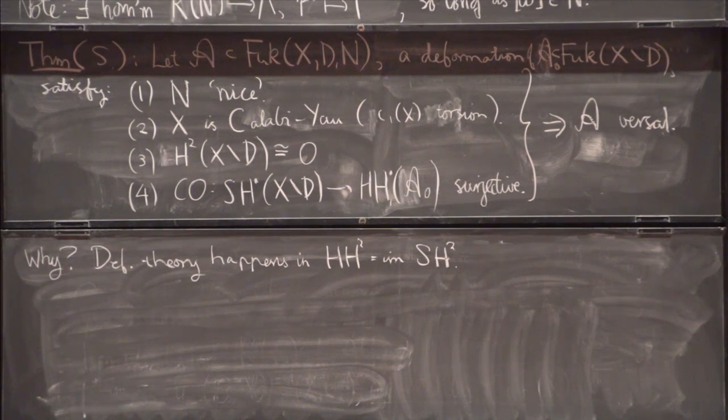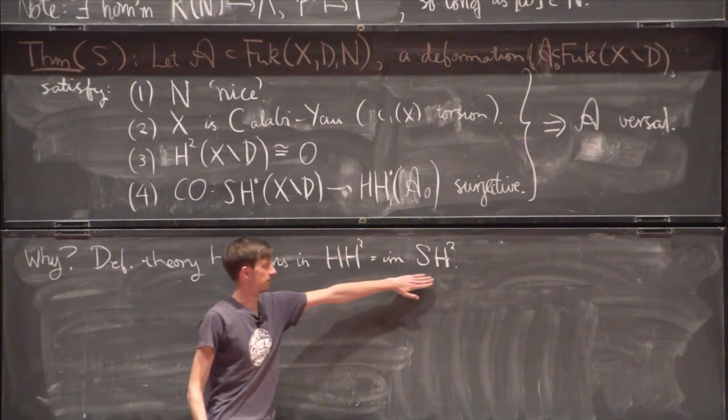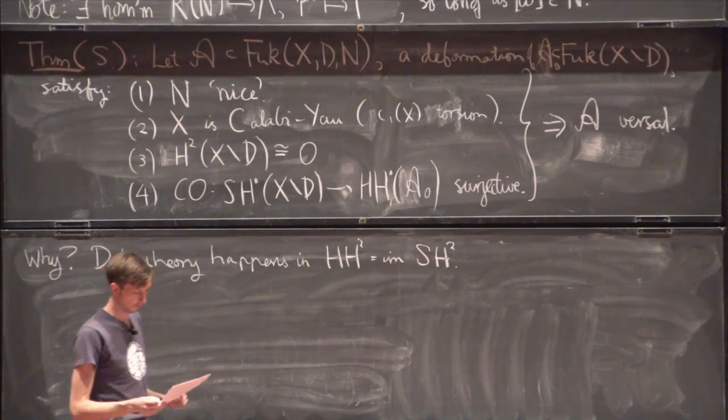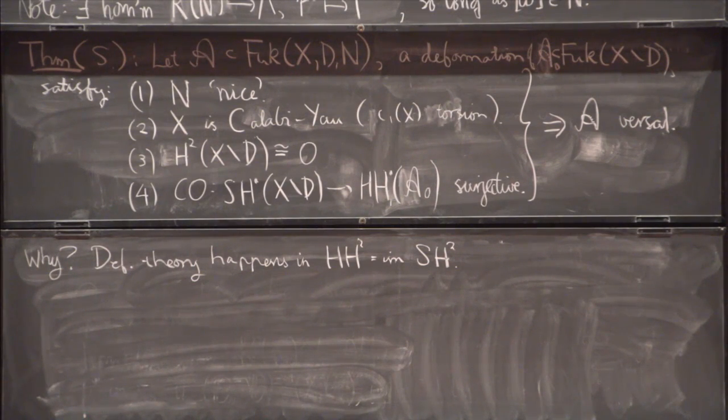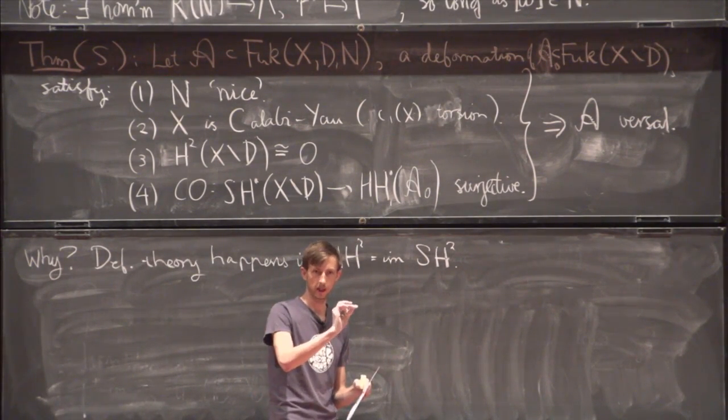Deformation theory happens inside Hochschild cohomology in degree 2, which by our fourth assumption is the image of symplectic cohomology in degree 2. And under this third assumption, it turns out that this is just spanned by the little basic orbits linking the divisors, each component of the divisor.